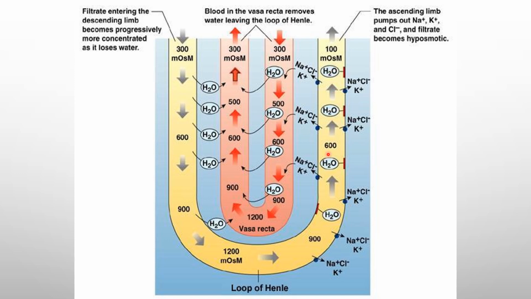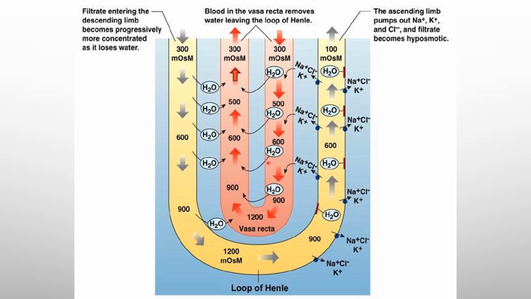So by this the hyperosmolarity in the interstitium is produced, and then the vasa recta allows for return of both water and the solute to circulation without disrupting the interstitial osmotic gradient.